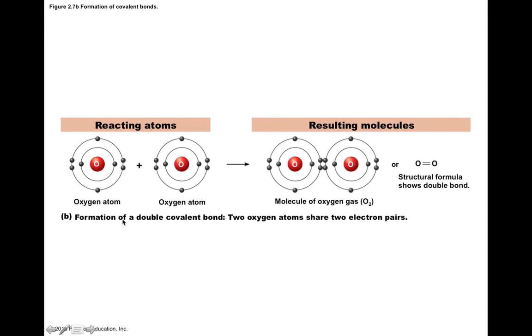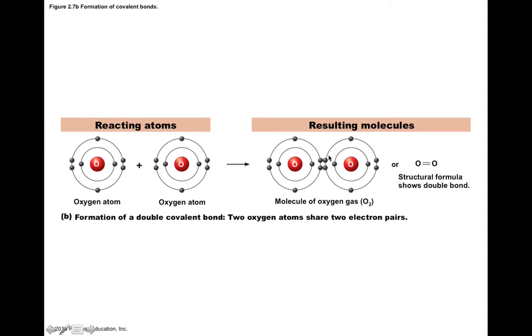Another example would be where 2 oxygen atoms interact to form molecular oxygen, or O2. Oxygen only has 6 electrons in its valence shell, and so it can form a double bond with another oxygen atom, so that each oxygen atom has satisfied its octet rule.